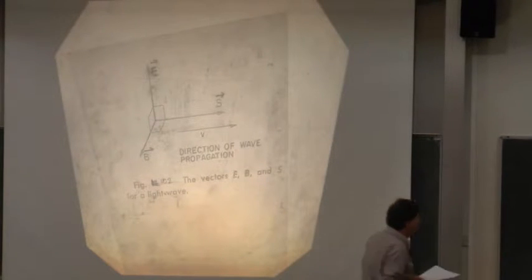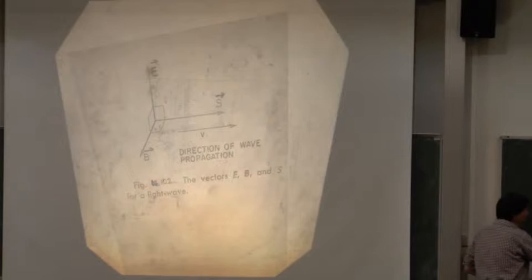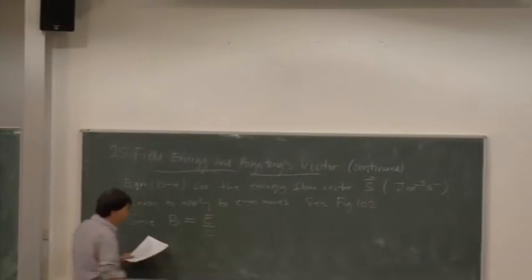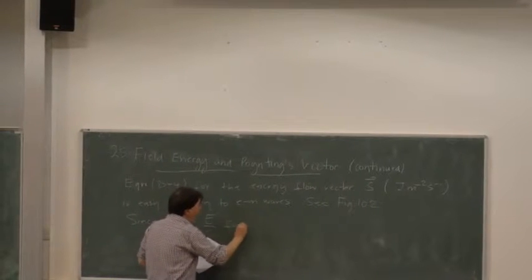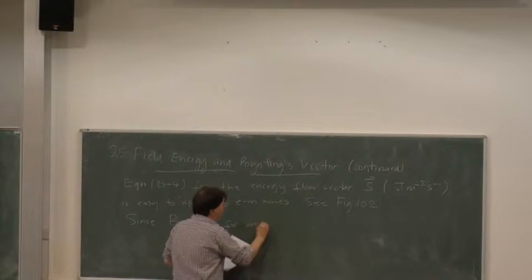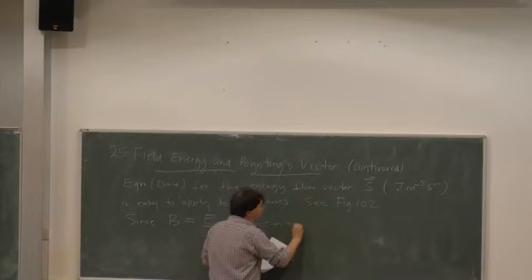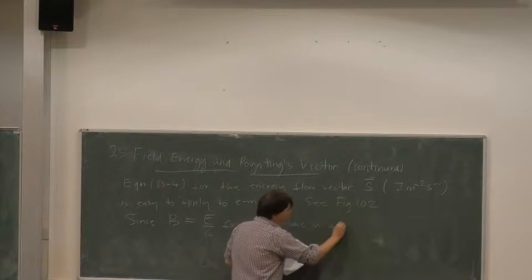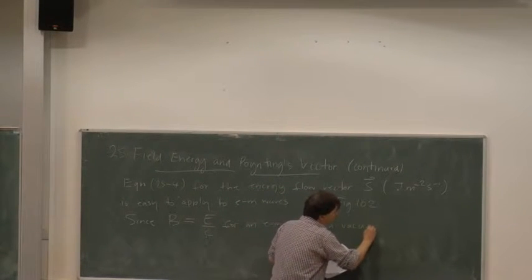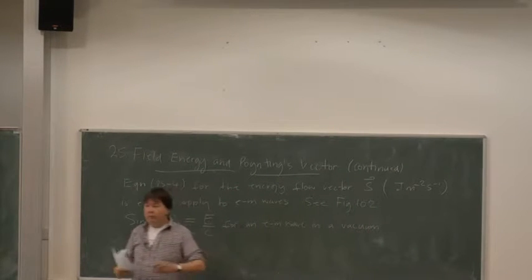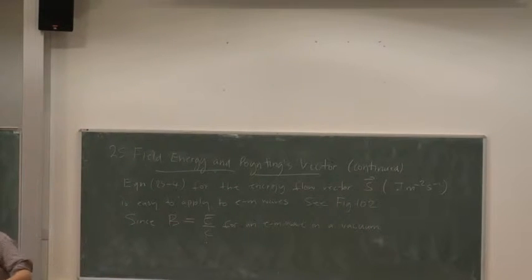And again, I hope you remember that since B is equal to E over C for an EM wave in a vacuum. And again, I'm not going to go into materials at all. We're going to continue to do Maxwell's equations in free space.